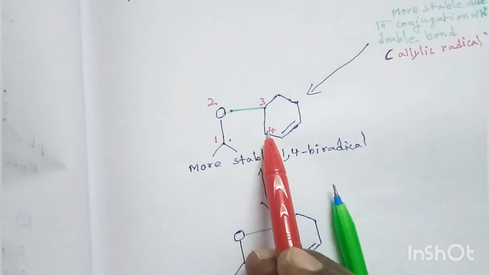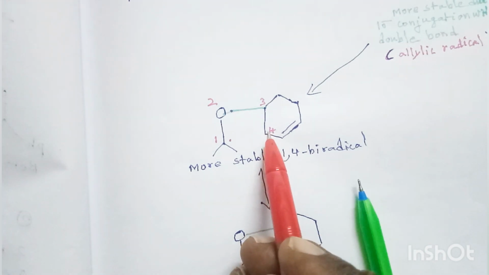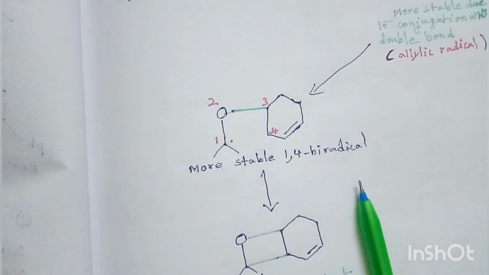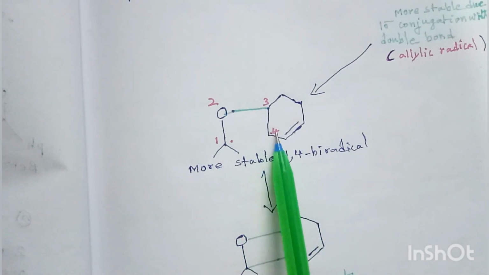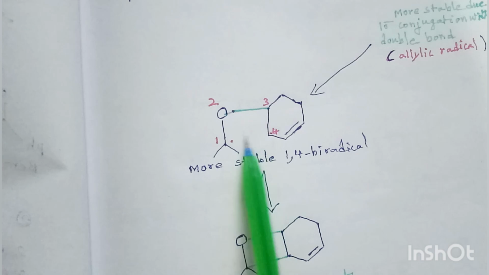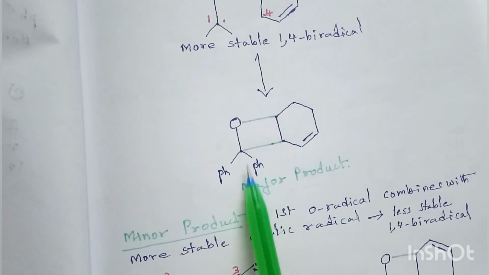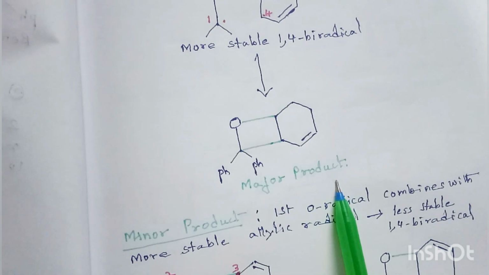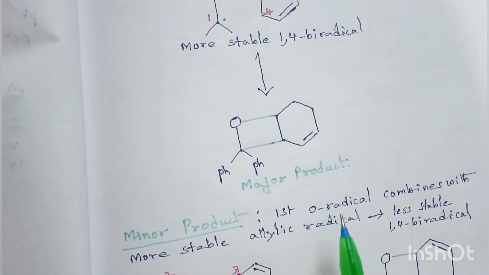And this first radical is more stable because it is a tertiary radical. These two radicals will next form a bond to give us the major product. So this is how the major product is formed.